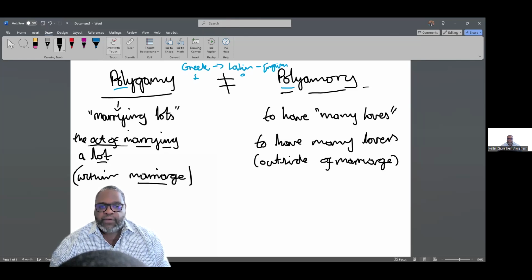So this is within marriage, which means an agreement between two people to live their lives together. So this is legal, because there's an agreement between people. And this becomes legal in two ways: by religious law and by cultural norms.